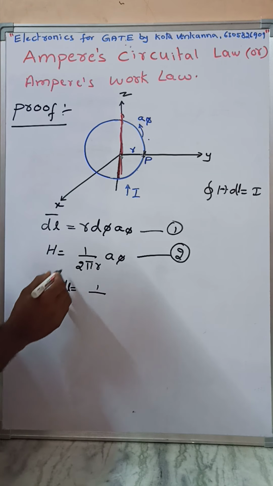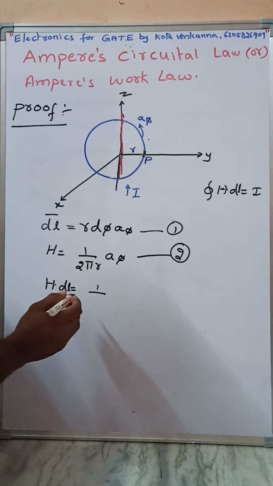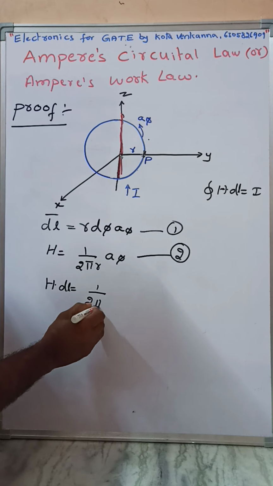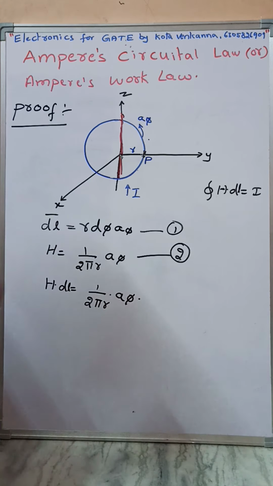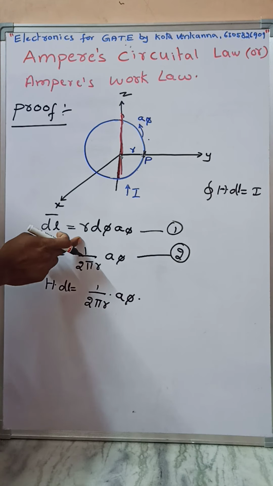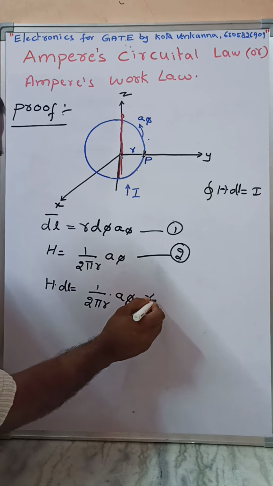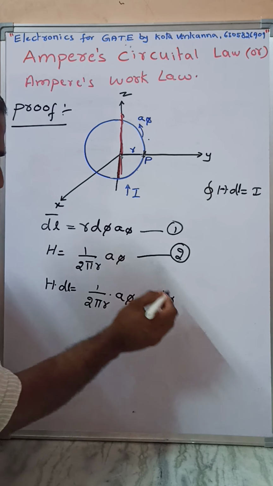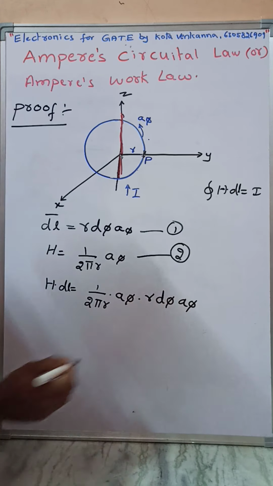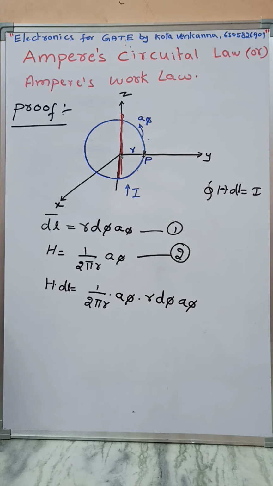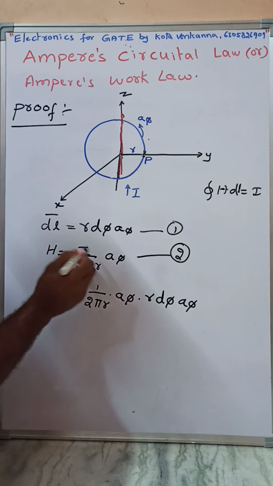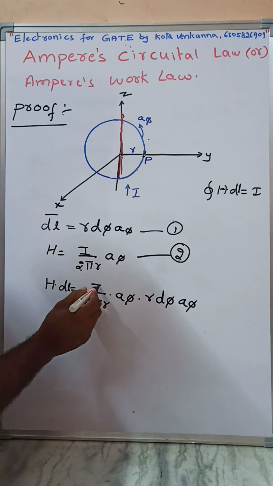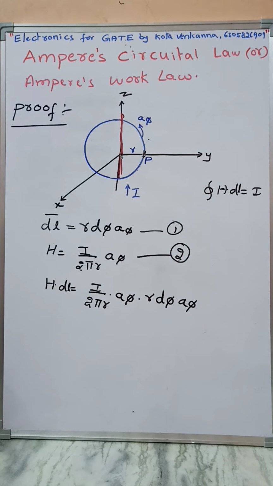In the place of H we have to substitute 1 by 2 pi r into A pi, into dl. So this is I by 2 pi r.